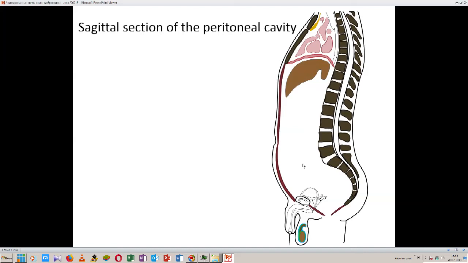And now, what organs shall we draw inside of the abdominal cavity? First of all, the liver. Here it is. But it's interesting now that the liver is drawn like flying inside space.